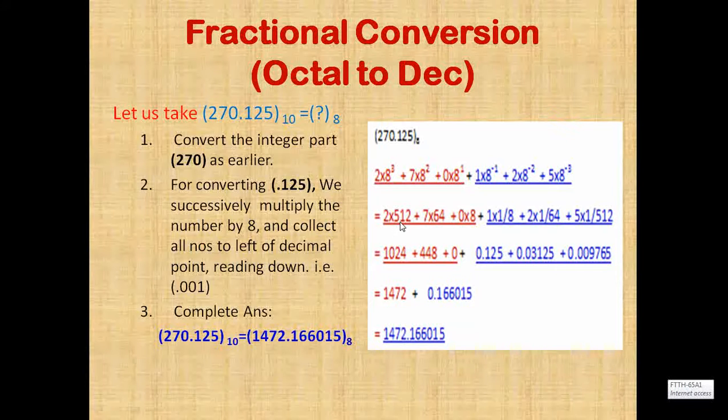Now 512 into 2 becomes 1024. 7 into 64 becomes 448, and 0 into something becomes 0.